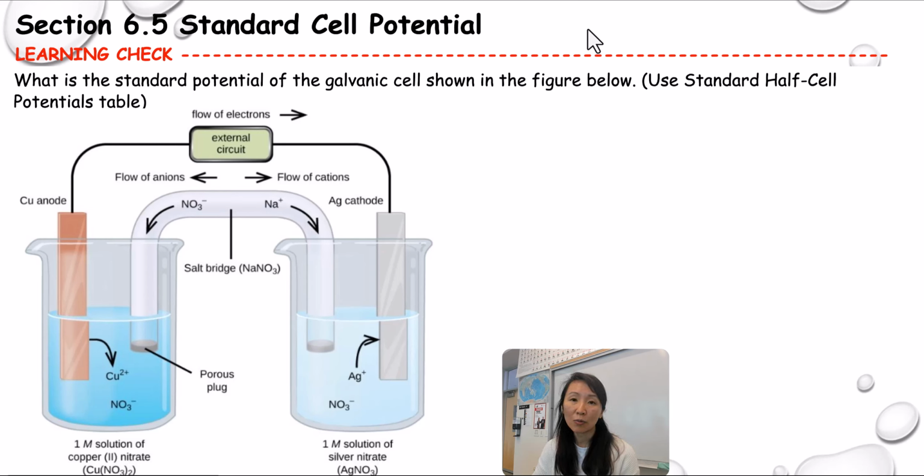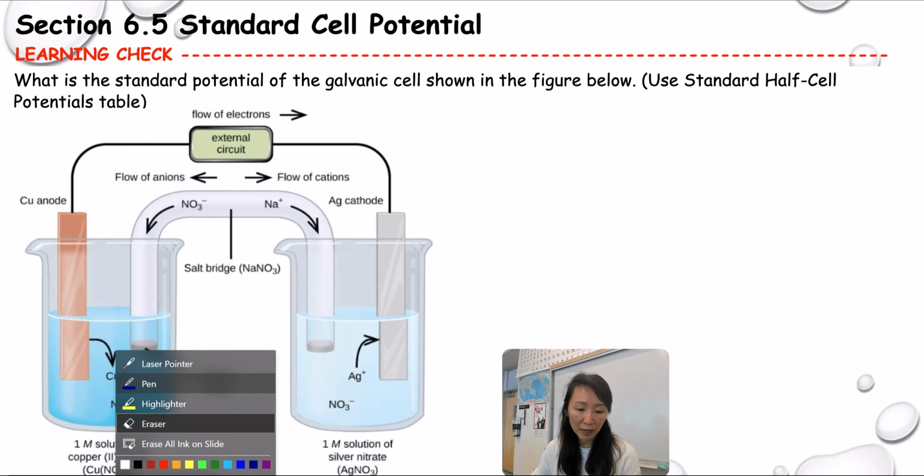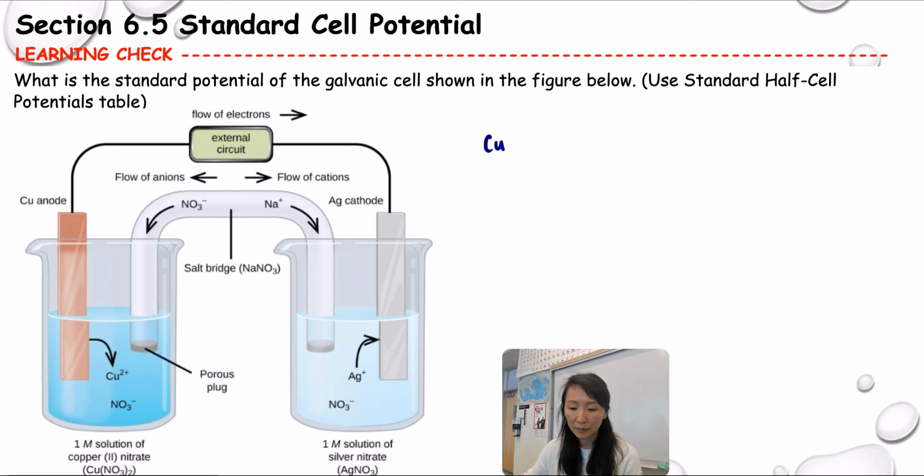Oxidation reaction where copper 2 plus, so I'll write that down, copper 2 plus, is being formed from the copper solid. How did I know that? Well, if you look at this image here, it's showing that the copper solid in this plate is forming into copper 2 plus.